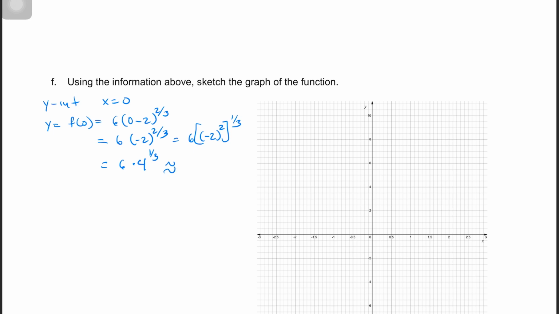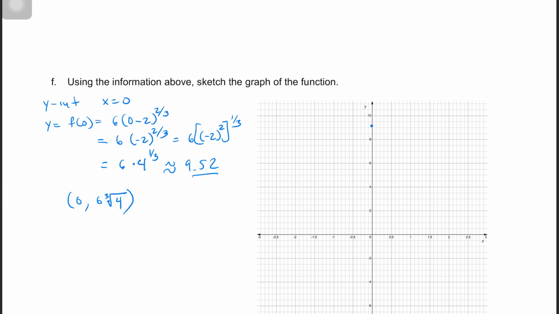So roughly, just to be able to use this number, it's roughly around 9.552. But we're technically using 6 times 4 to the 1/3. Remember, this is just an approximation. So we have a point 0, 6 times the cube root of 4.